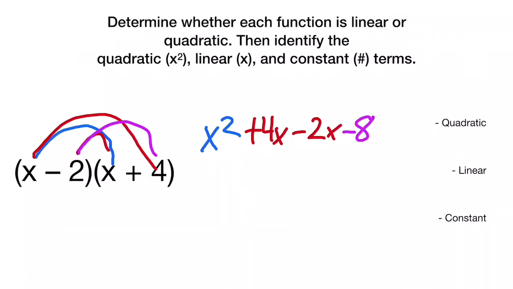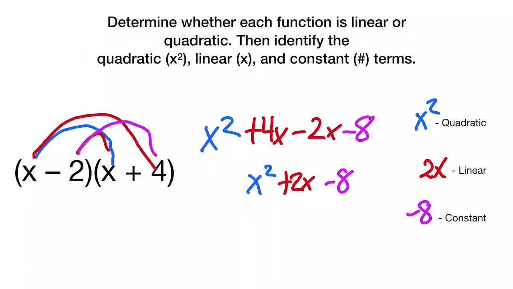At that point, we get x squared, and then we have to add in the 4x and the minus 2x to become plus 2x minus 8. So our quadratic term in this case is x squared, our linear, 2x, and our constant, negative 8.